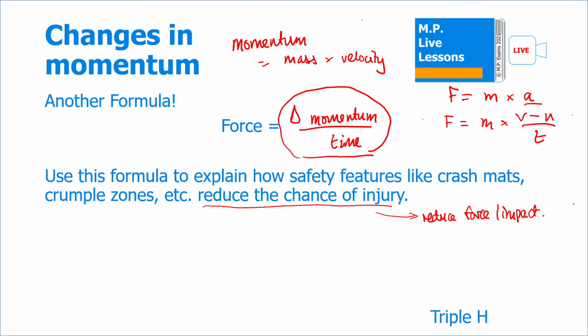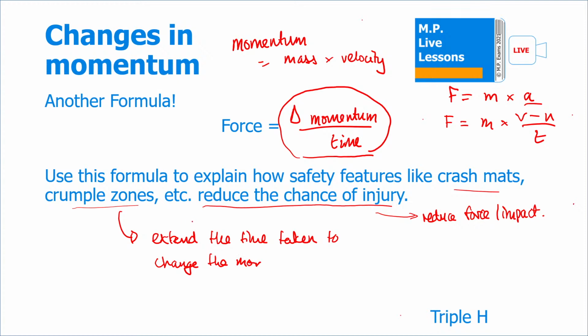So you have the same change in momentum, however, things that are soft like crash mats and crumple zones extend the time taken to change the momentum, or basically slow down.